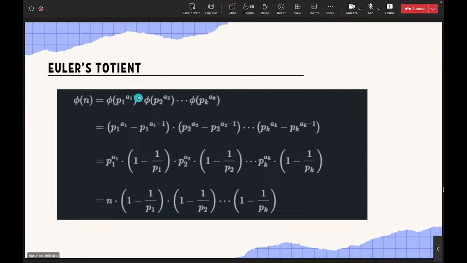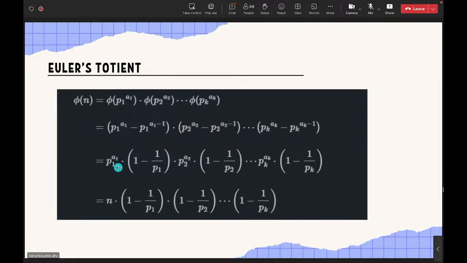We know p is prime. a1 will be some value of k. K is greater than or equal to 1, I have clearly mentioned. If it's 0, then p is not a factor of n. So a1 is also greater than or equal to 1, which refers to k in the previous result. That means we can use the property here, p1 to the power of a1 minus p1 to the power of a1 minus 1, and we break it down like this.